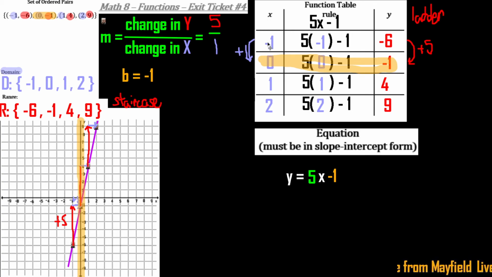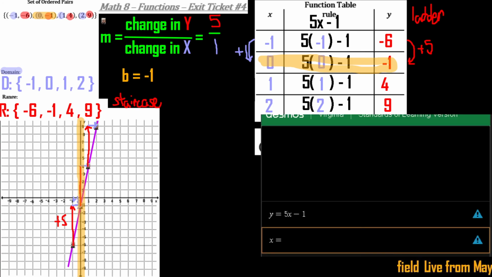Again, our x values always go into the function, and we can check to make sure that these ordered pairs work out using that Desmos calculator. We can say, let's check it out. I have this up. Using that Desmos calculator, again, I can plug in any x value I want, but I want to say, all right, for when x equals -1, our y value is -6.